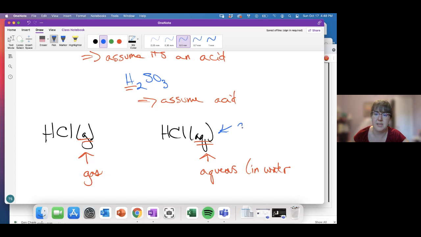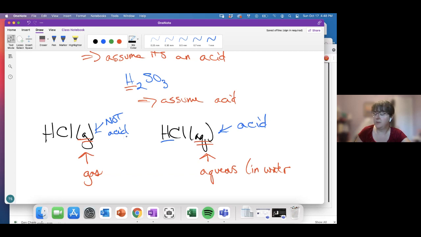This is an acid. It has a hydrogen in front, the whole thing's neutral, and it's in water. This, not an acid. It's got a hydrogen in front, the whole thing's neutral, but it's a gas. Gases are not acids. Acids have to be in water. It's part of their definition.